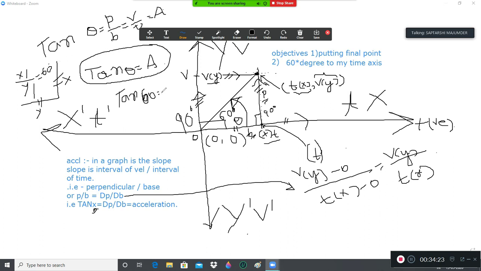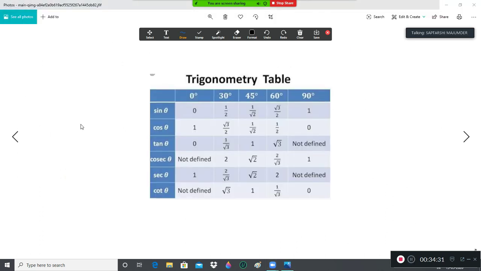So tan 60 is nothing but root 3. I will open the table for you. You can see sine theta, cos theta, tan theta, cosec theta, sec theta, cot theta. You can see the tan theta value at 60 degrees is nothing but root 3.